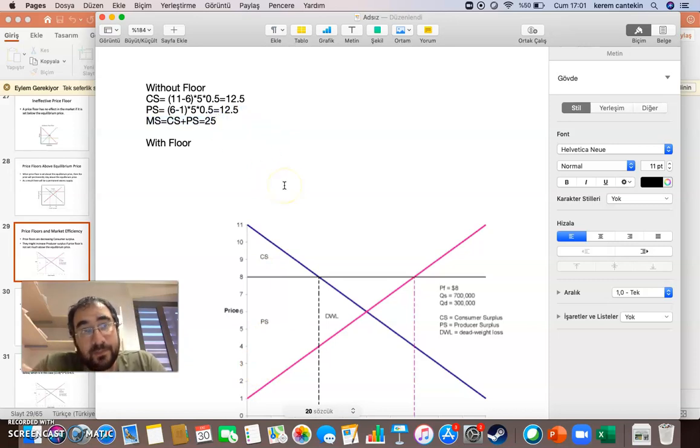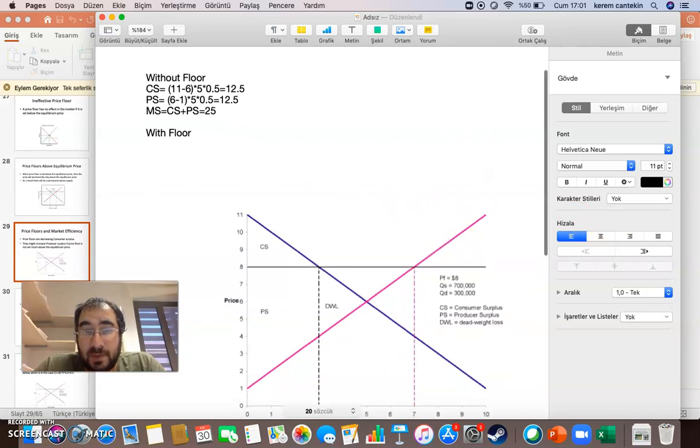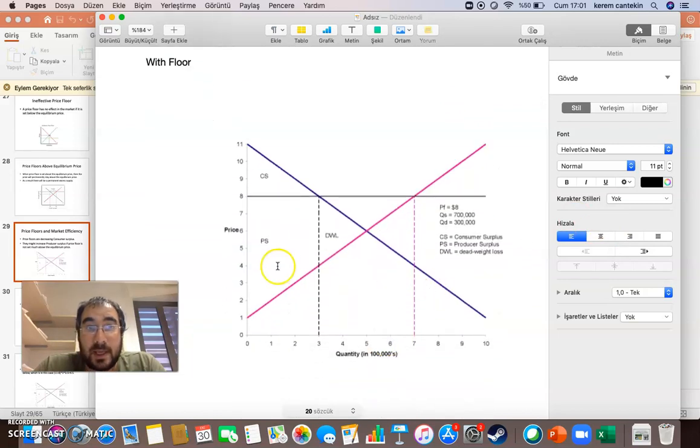So what will happen now if we have a price floor? Our price floor is at $8, and at $8, 7 units are supplied.